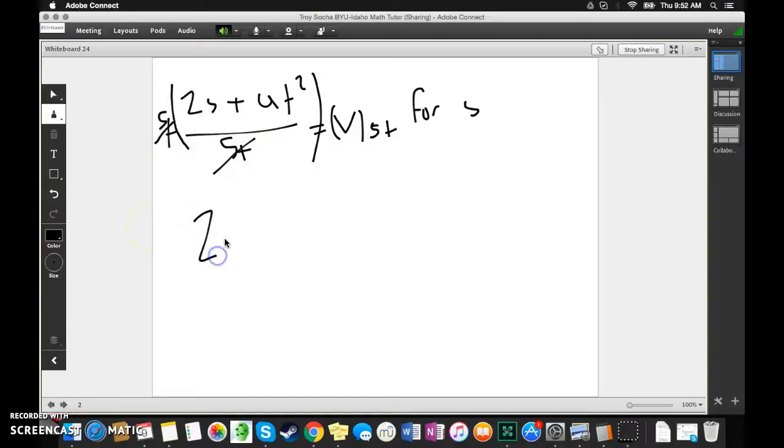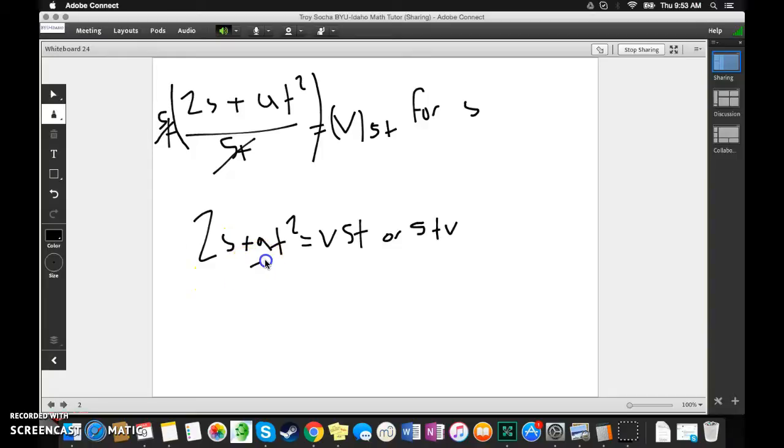Now we're left with 2s plus at squared equals v times 5t. And that's all multiplied, so we can write it as that, or we can write it as 5tv, which is sometimes what we'll see. The number comes out front. That's kind of what standard form is. Now, we have a 2s plus an at squared.